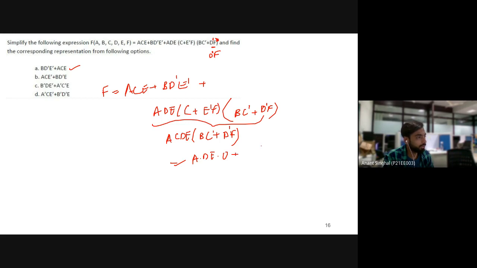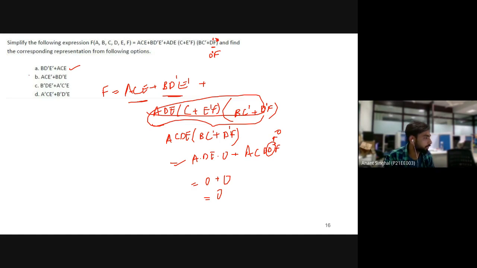And then this D D bar will become 0 and we'll get something like AC D D bar F, so this will be 0 only. 0 into anything will be 0, 0 plus 0 will be 0. So this whole term will get neglected and there is no option to further minimize these two terms as they have nothing in common. The correct answer to this question is option A only.